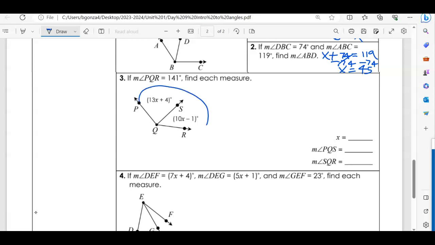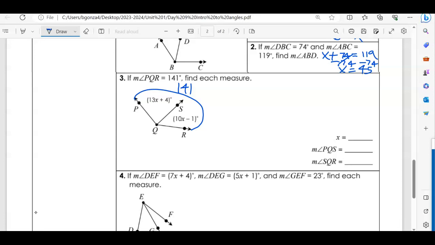PQR, the whole thing, is 141. Can y'all see that? Now you see a part, a part, and a whole. Can you set up that equation as part plus part equals whole? That's half the problem.